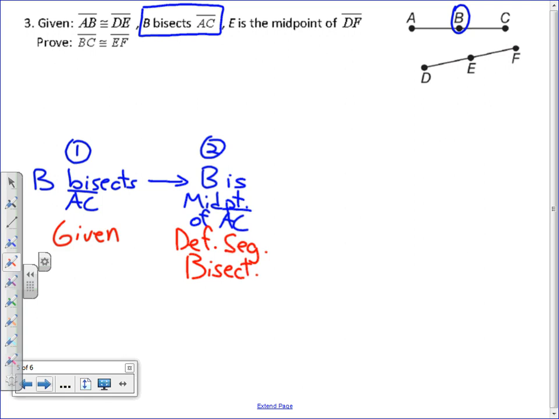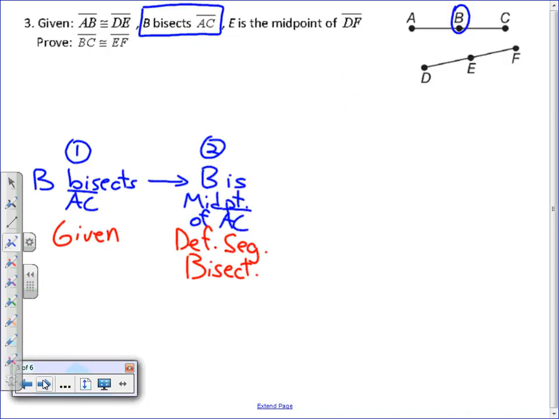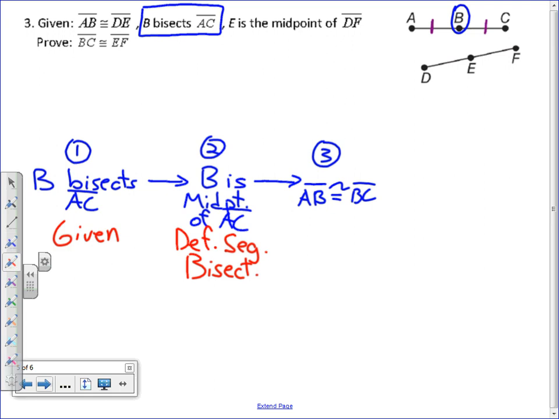Once I know it's a midpoint, what can I say? Because B is a midpoint of AC, I can get congruent segments. So if B is the midpoint of AC, then what are my congruent segments? Looks like AB and BC. So segment AB is congruent to segment BC. That's my definition of what a midpoint is.